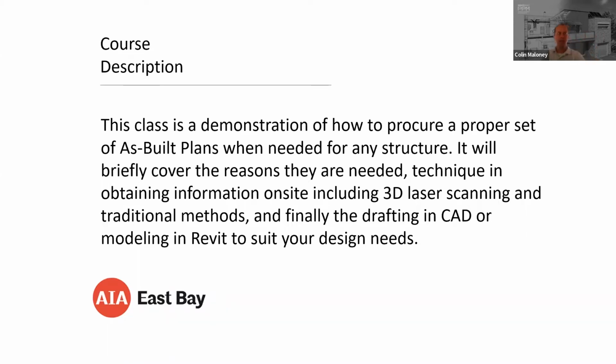This class is a demonstration of how to procure a proper set of as-built plans when needed for any structure. It'll briefly cover the reasons, the technique for obtaining the information, including 3D laser scanning and traditional methods, and finally the drafting in CAD or modeling in Revit to suit your design needs.